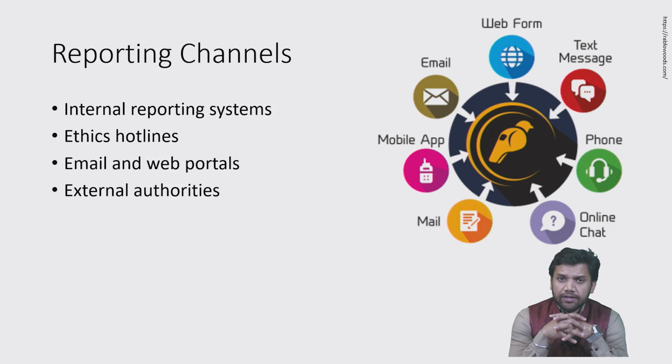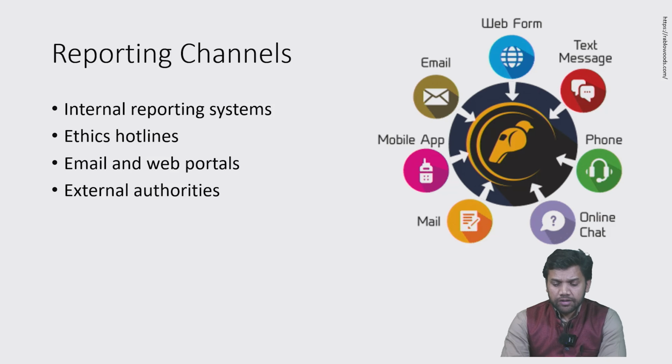Another is ethical hotlines. An ethical hotline is a dedicated communication channel, maybe a phone number, often available 24/7, where employees and stakeholders can report concerns confidentially. These hotlines may be operated internally or by third-party service providers.